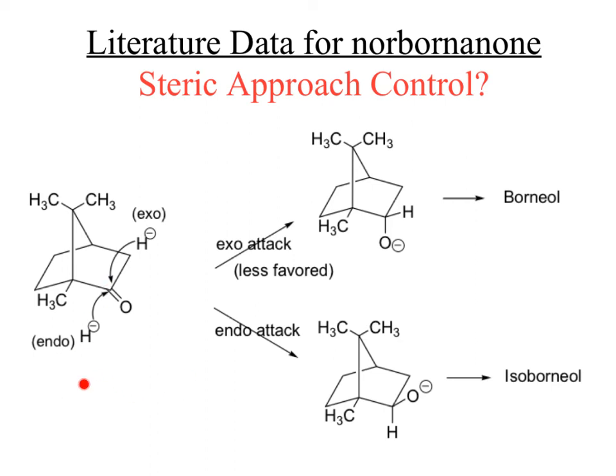So the endo attack, coming from the bottom, might be more favored, take less activation energy, but it also gives us the more stable product. So this product in theory is both the thermodynamic product, the most stable product, and the kinetic product because it comes from the lowest transition energy. So it's both the kinetic and the thermodynamic product in this case, we think.